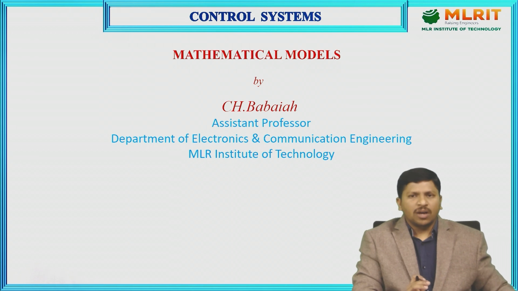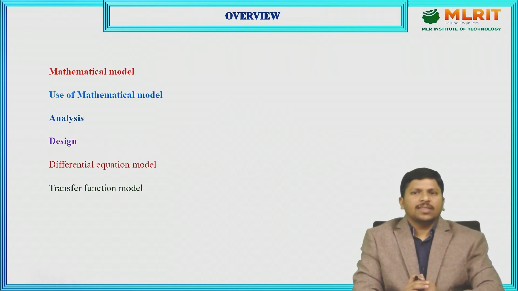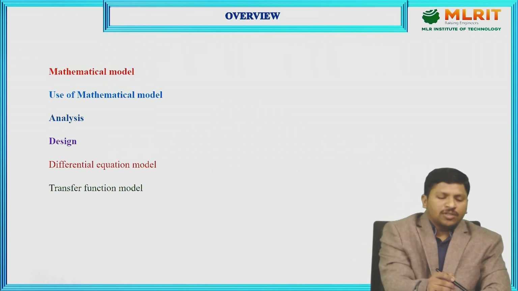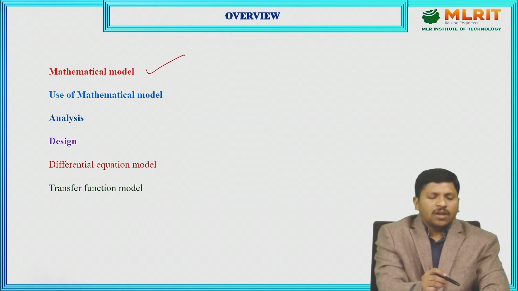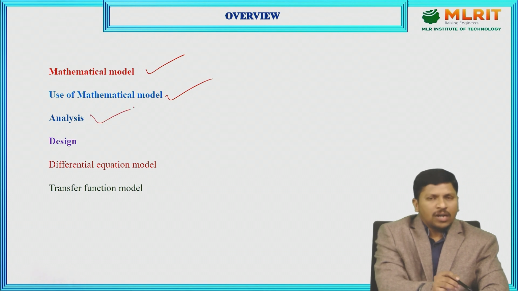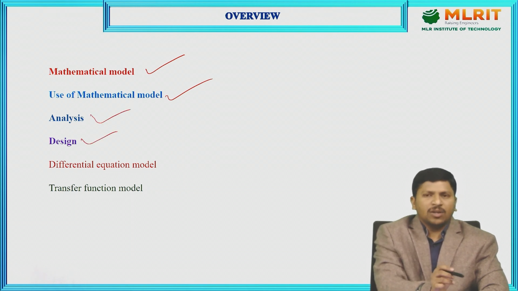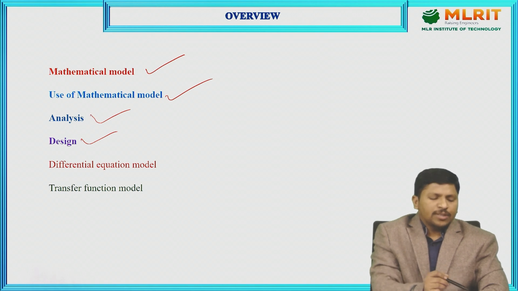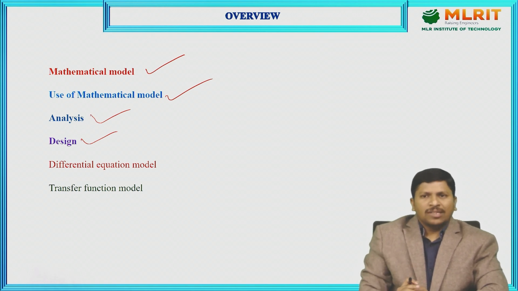Let's move on to the overview of today's topic. Observe: what is a mathematical model, what is the use of a mathematical model, what is meant by analysis and design, and what mathematical models are available.